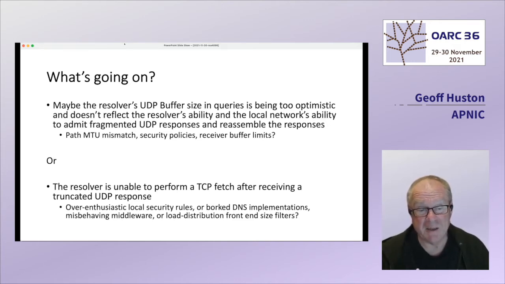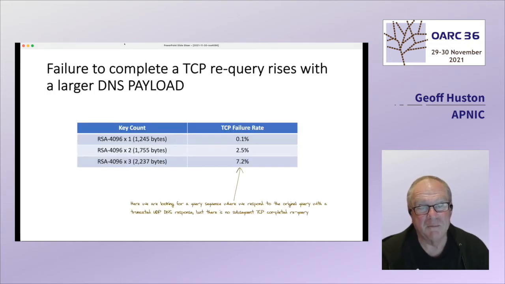It could be a TCP problem, but again, I just don't understand why. It could be a broken DNS implementation or load distribution front-end size filters, which might be more like it, where the load distributor is going, people don't send that kind of size packet, I'm just going to give up. So failure to reconnect with TCP also rises, and this is failure to complete the TCP transaction.